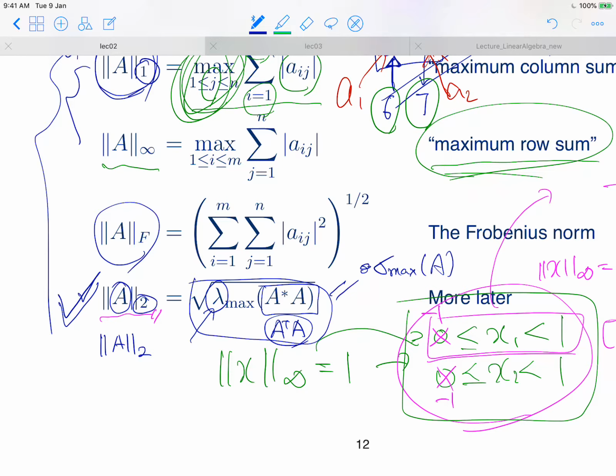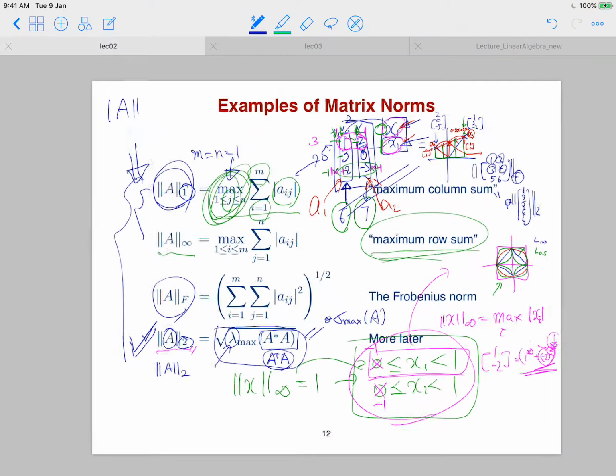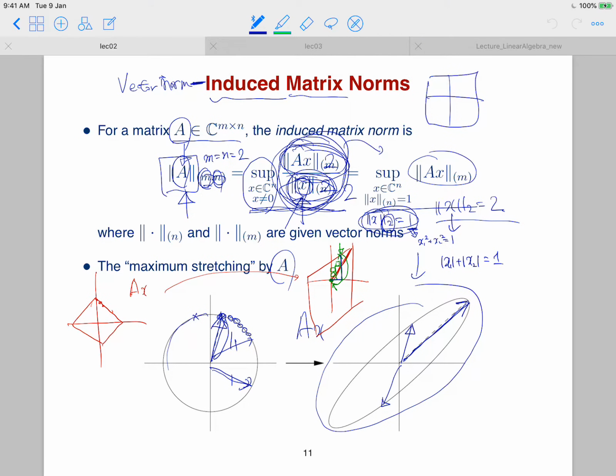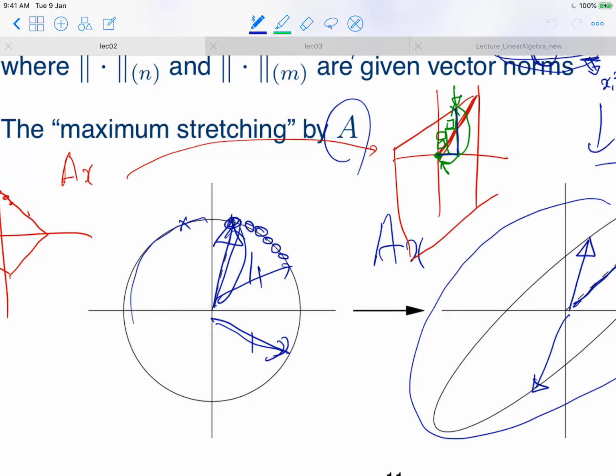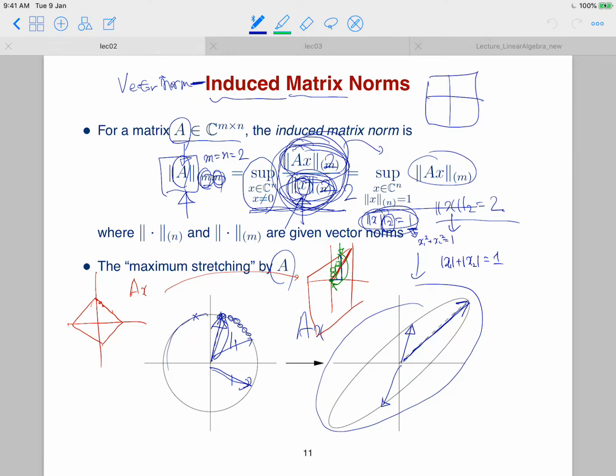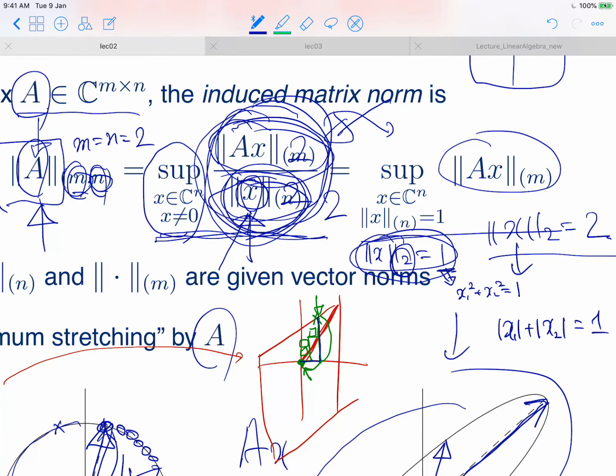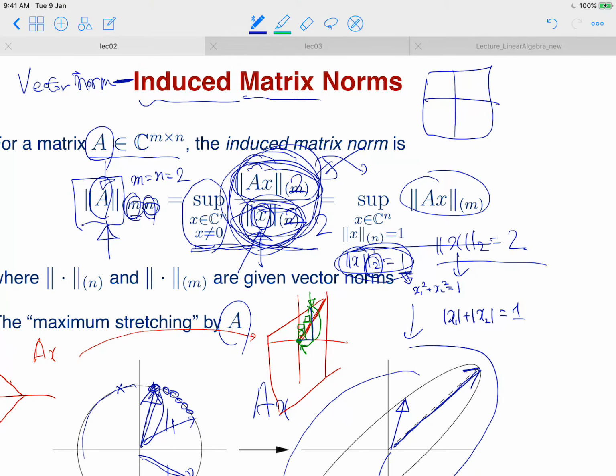So what is an L2 induced matrix norm? When applying the L2 norm, you remember that this is the definition, right? In this case, let's look at just a special case where A is 2 by 2. A can of course be a rectangular matrix.